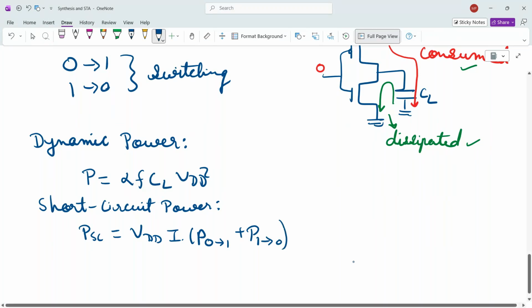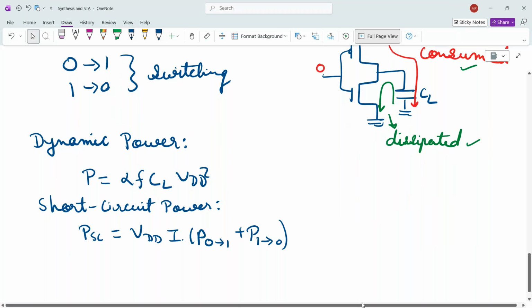Here I have told you switching from 0 to 1 and 1 to 0 is a different thing. When the output is switching from 0 to 1, it is consuming power. When the output is switching from 1 to 0, it is dissipating the power.